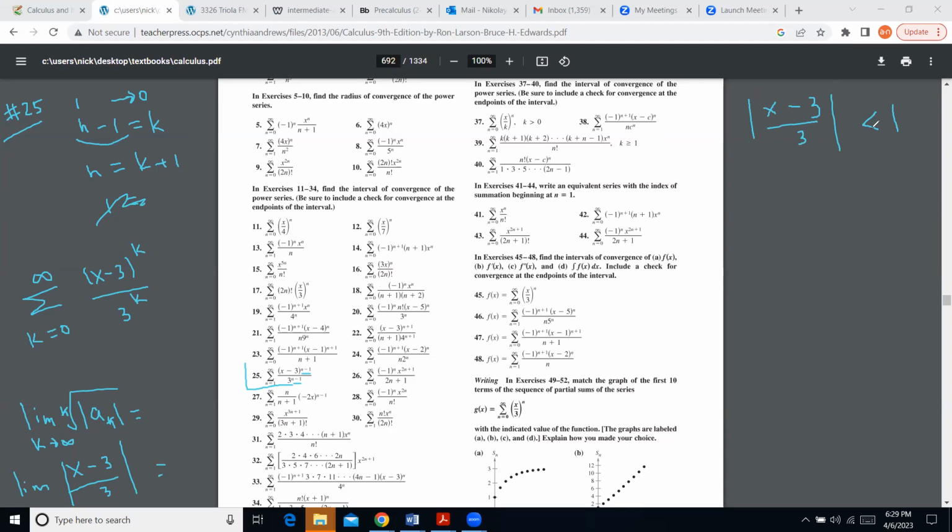So now I need to solve this inequality for absolutely convergent series. So I put in between of plus and minus 1 my expression inside the absolute values. And you say, why is that?